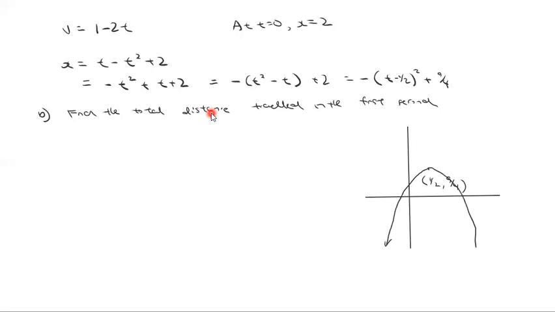Not to scale, but it's going to look like this. So if this is our xt graph, we're going to start at 2, and you can see that it's a little bit annoying because we want to work out the distance traveled in the first second.